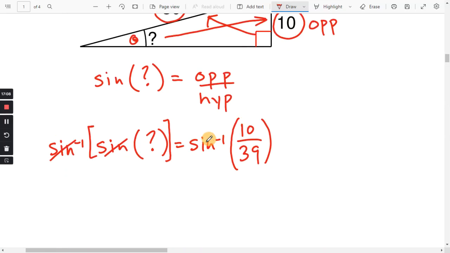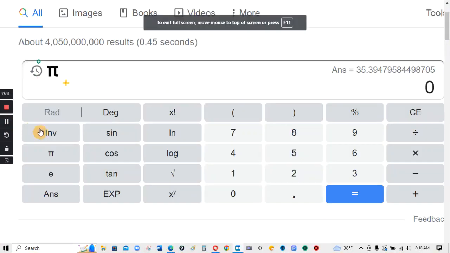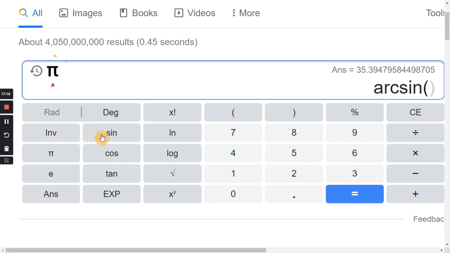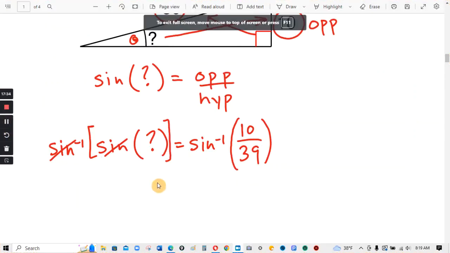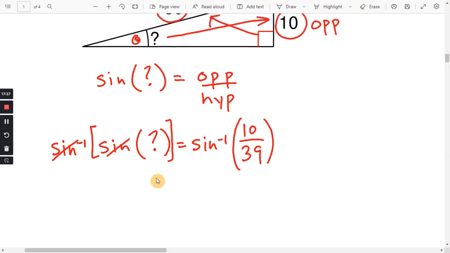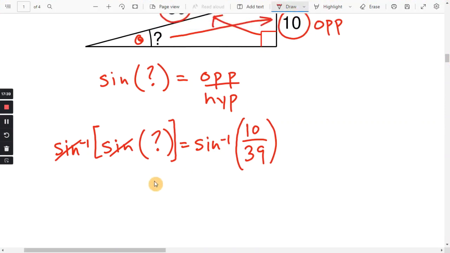Inverse sine of 10 divided by 39, close parentheses, click equals. Okay, look at the decimal. If it's 5 or more, you round it up. So 14.8 becomes 15 degrees. So the question mark is going to equal 15 degrees.